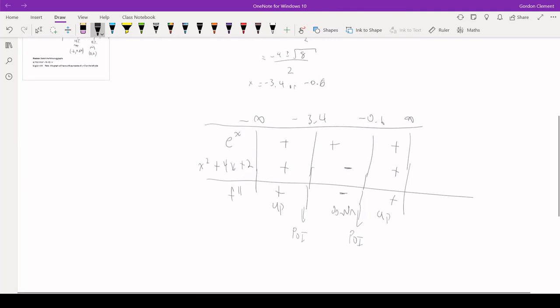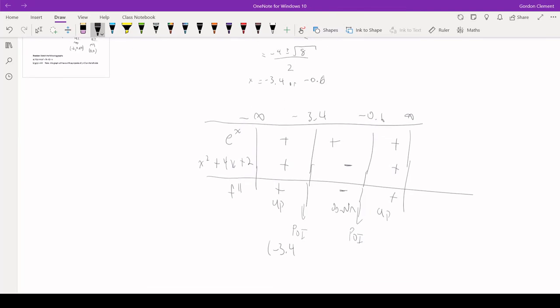So we just need to get y values for those as well. For -3.4, we're going to do e to the -3.4 times 3.4 squared. I got 0.4 basically there, 385.